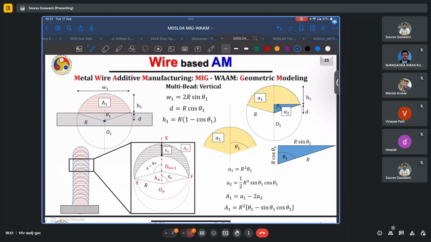In such a configuration, the width W1 is simply equal to 2r sin theta 1, because if we consider this right angle triangle, the hypotenuse is r, the angle enclosed is theta 1, so this height becomes r cos theta 1, and the perpendicular becomes r sin theta 1.